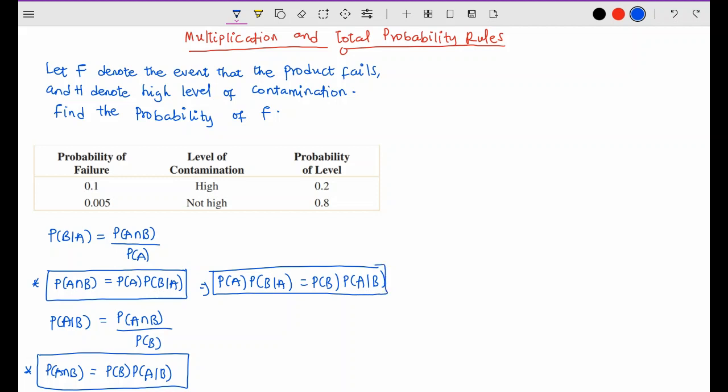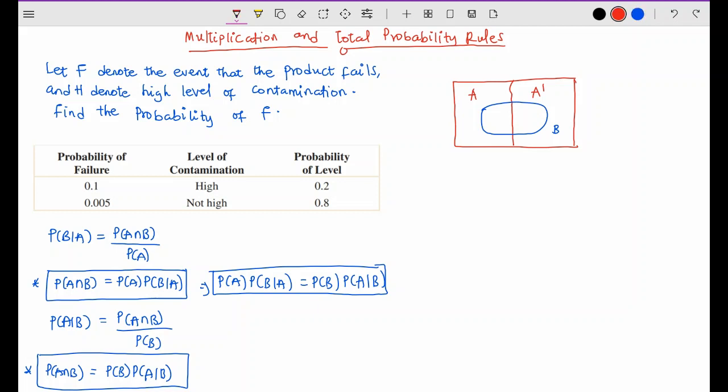Okay, so now let's look at what the total probability rule is. Assuming I have a sample space, and I partition this sample space into event A and event A prime, and let's say I have another event B in this sample space, where part of B will be in A and part of B will be in A prime.